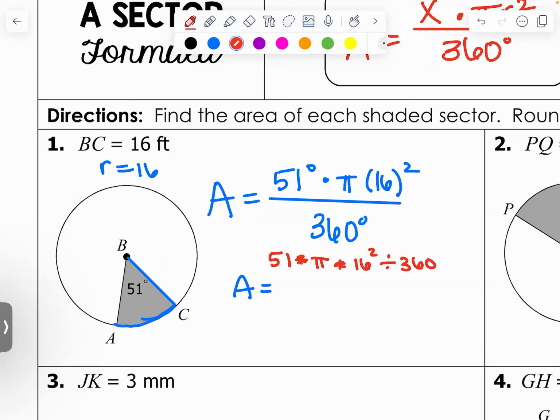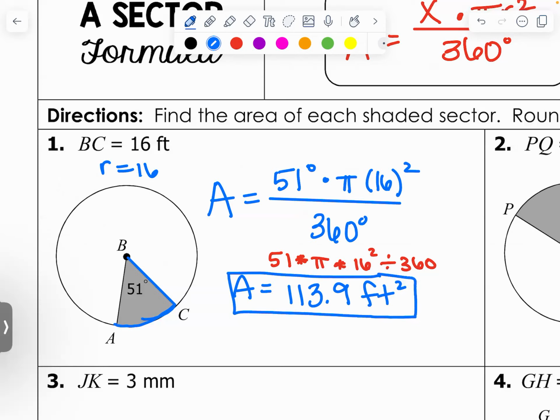That's what I would do. Did you divide it by 360? Oh, yeah. 113.9. How about you say that number the right way? 113.9. And since we're talking about area, we're talking about square units. So yes, square feet.